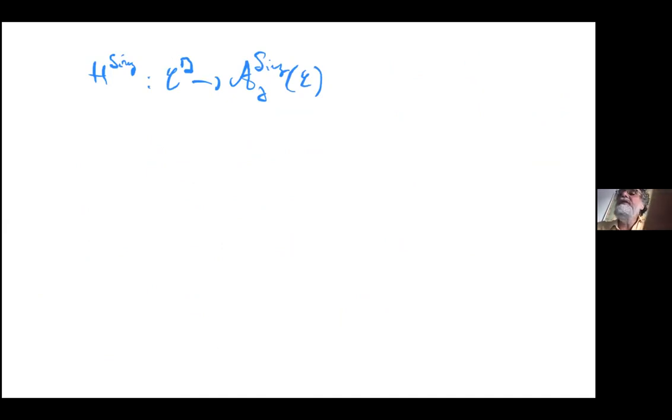So this means that we have H sing from C to A sing, let's say, some category, which is in fact a quotient of, because if I have a homological structure, there is no reason that a singular homology is an ordinary theory with respect to the homological structure.